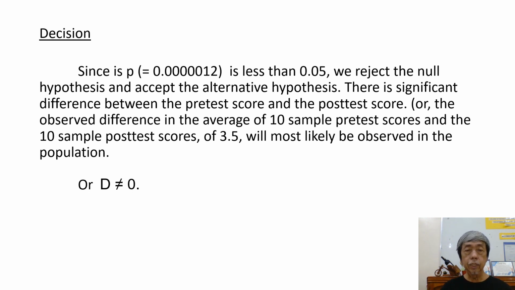There is significant difference between the pretest score and the post-test score, or the observed difference will most likely be observed in the population, or the population difference is not equal to zero.